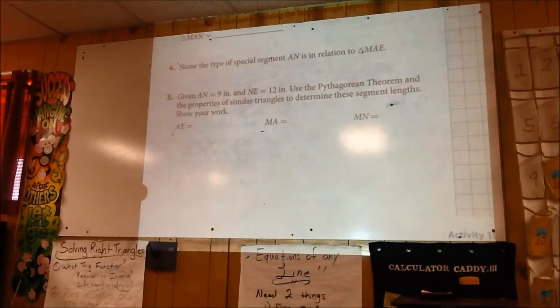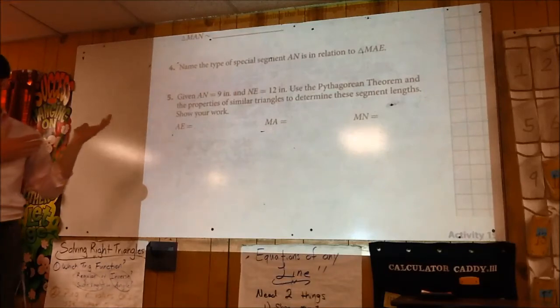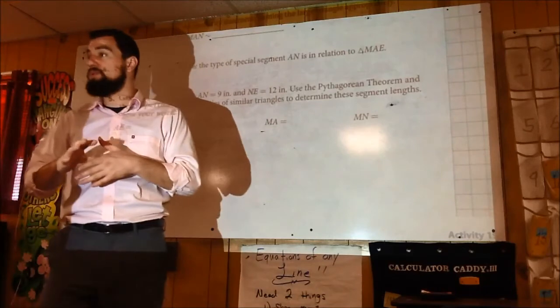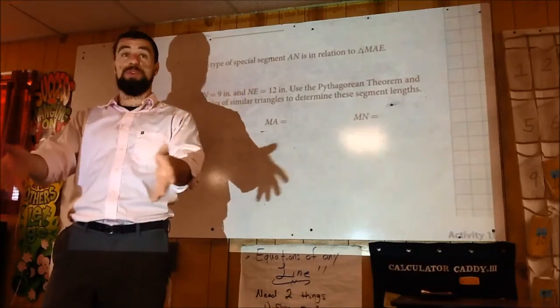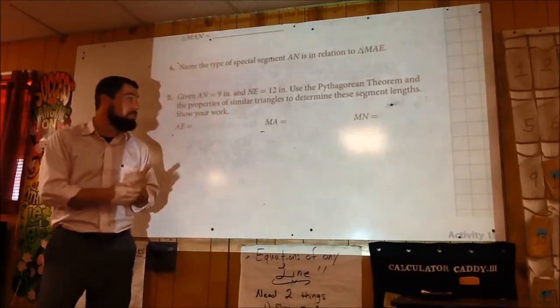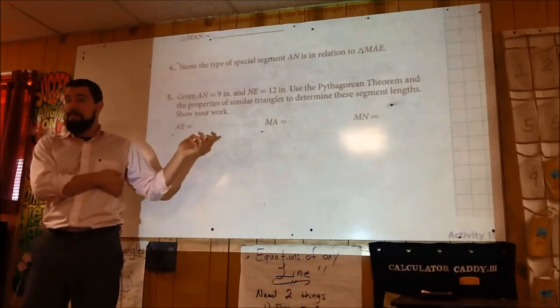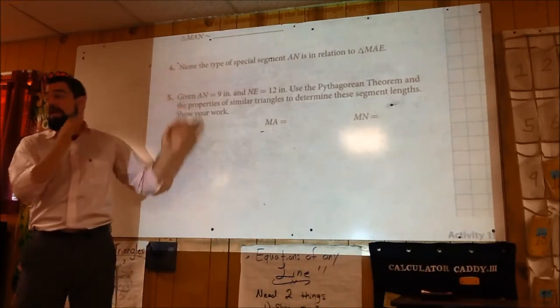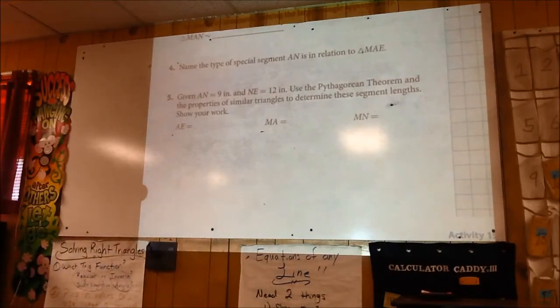So in the directions it said for us to use the Pythagorean theorem and the fact that we just proved these triangles are similar. If the triangles are similar, then we know that the corresponding sides are proportional, therefore set up a proportion. So, awesome. That's pretty much 90% of your homework: identifying those three triangles, knowing that they're similar, and then setting up a proportion.